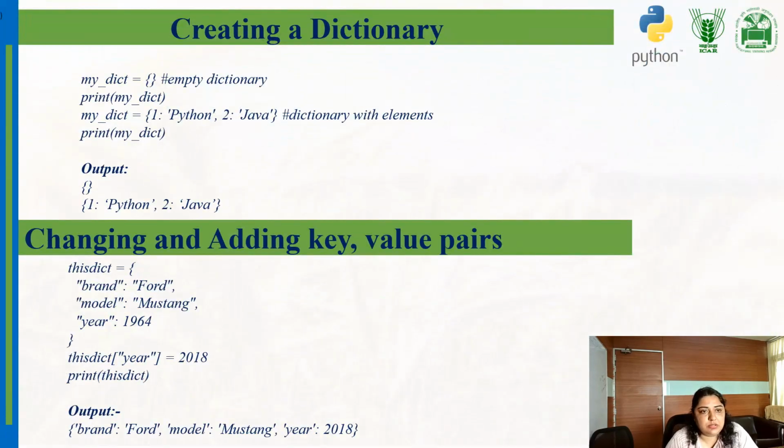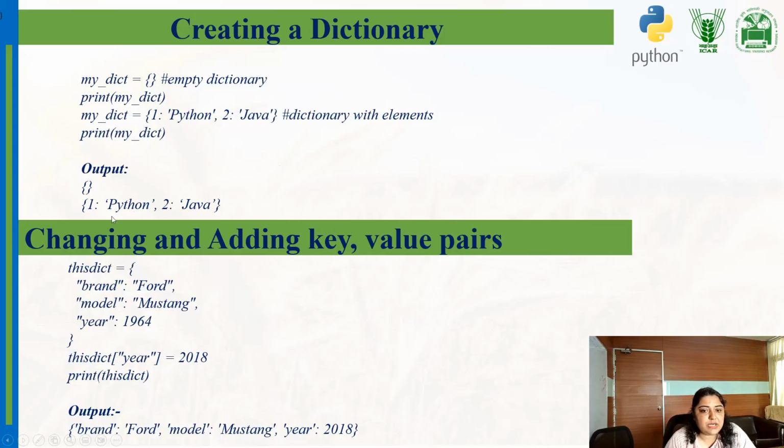Then using curly braces, we are creating a dictionary, but this dictionary is empty. For creating a dictionary, we are inserting the values in the form of key value pairs, that is 1 Python, 2 Java. Then this is your dictionary. 1 Python, 1 is the key, Python is the value, 2 is the key, Java is the value.